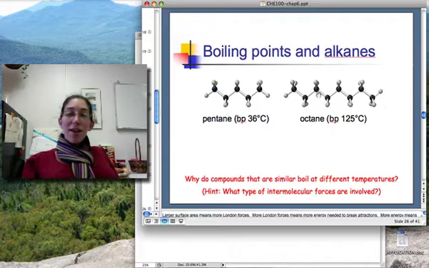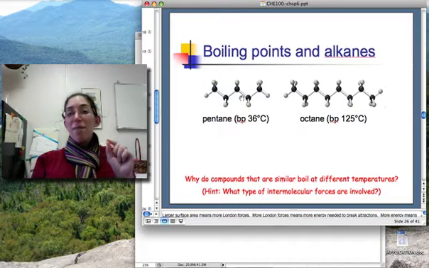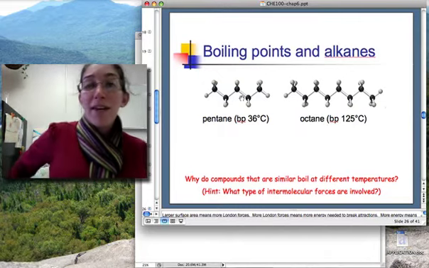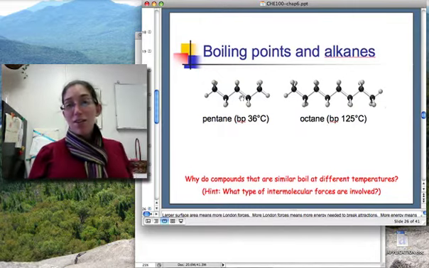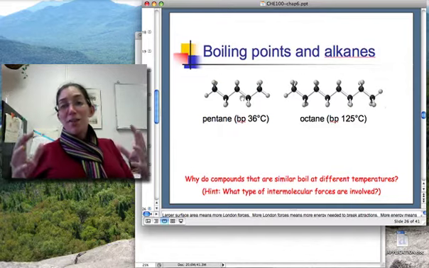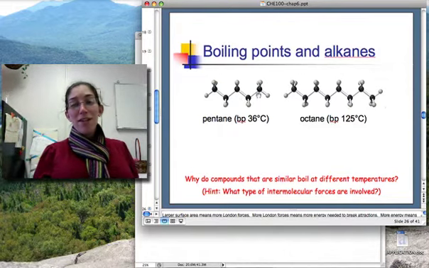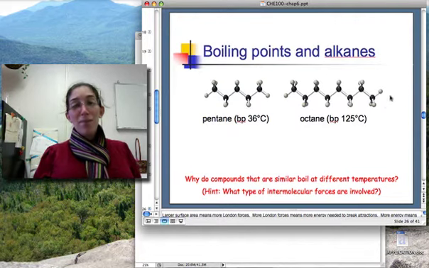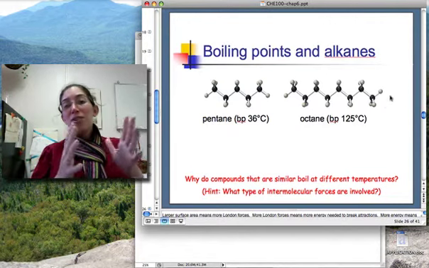Okay? It has to do with the type of intermolecular forces. So remember, what did we say in the beginning about London forces? They're weak, but they get stronger as the molecule gets larger. So pentane is fairly small, octane is larger. There's more atoms in the molecule to engage in London forces.